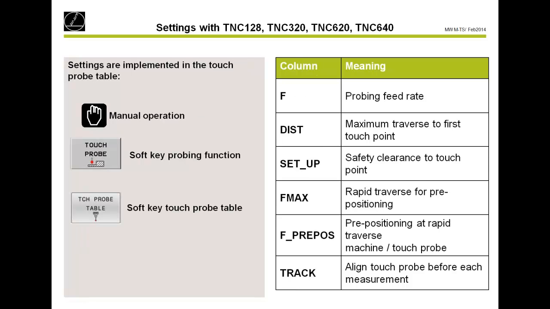The same functions we also have for our NC kernel controls, the 128, 320, 620, and 640. But there it is not defined in the machine parameters, it is defined in the touch probe table. You push the key Manual Operation, the soft key Touch Probe, and then you have the touch probe table, and here you can define not only one setting, you can define different settings.